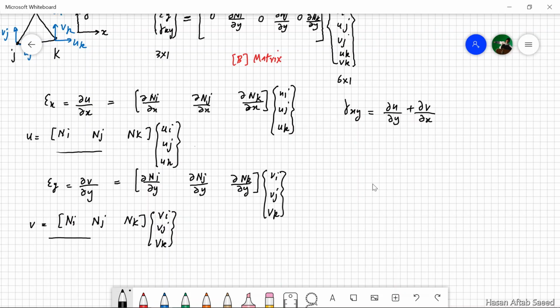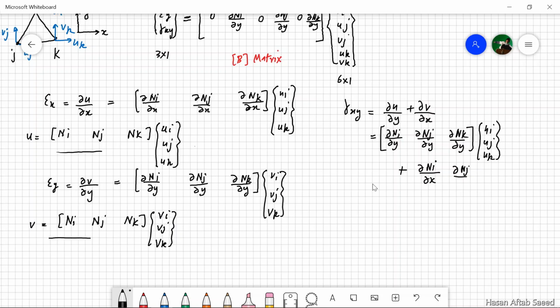So if we put these values in this expression and take the derivative, we should get partial ni over partial y, partial nj over partial y, partial nk over partial y, ui, uj, uk, plus partial ni over partial x, partial nj over partial x, and partial nk over partial x, and this time we have vi, vj and vk.